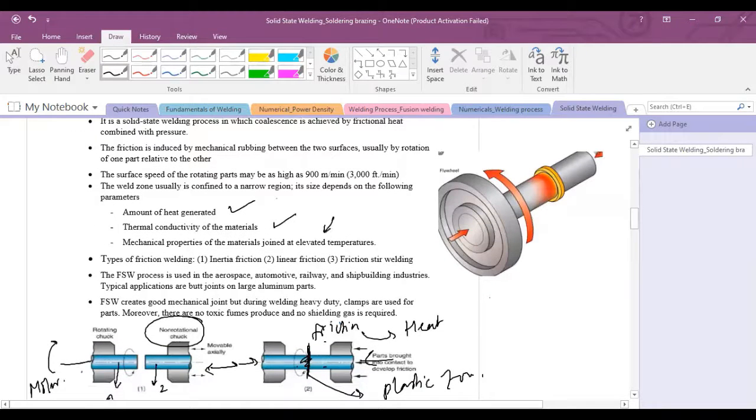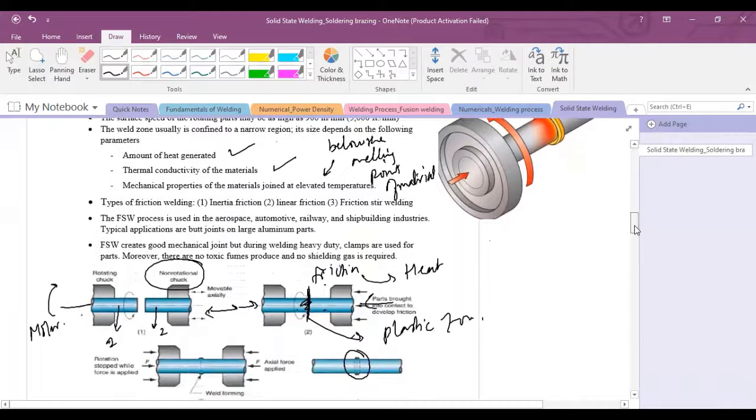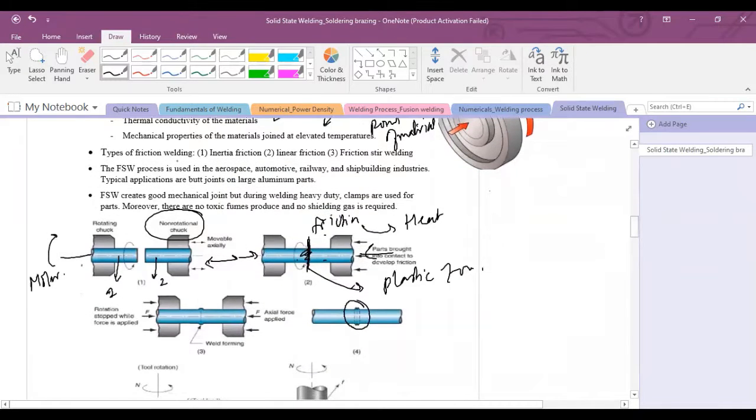Elevated temperature is actually below the melting point of the materials which are going to be welded. Number two, friction welding has three types: inertia friction welding, linear friction welding, and friction stir welding.